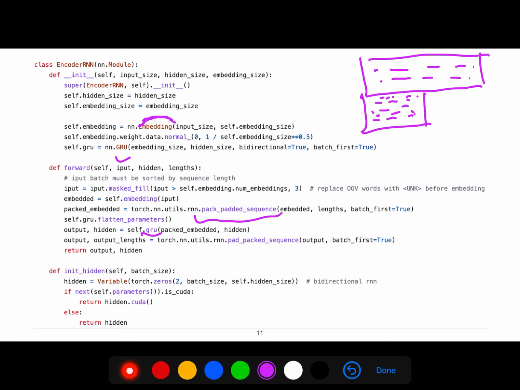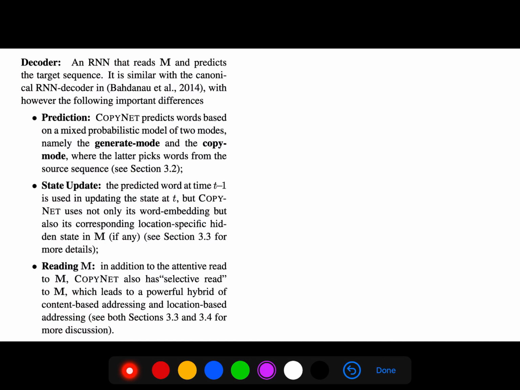And if they are not, we add the pad. So padding and then packing. But after we have created the output and hidden, we should pad the packed sequence, so we come back to the pad. It's like Fourier transform and inverse Fourier transform. You do something and then you come back.